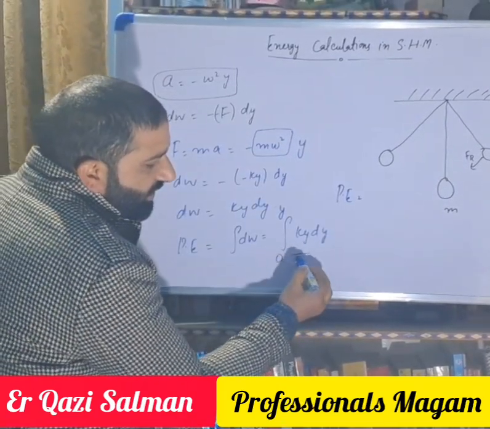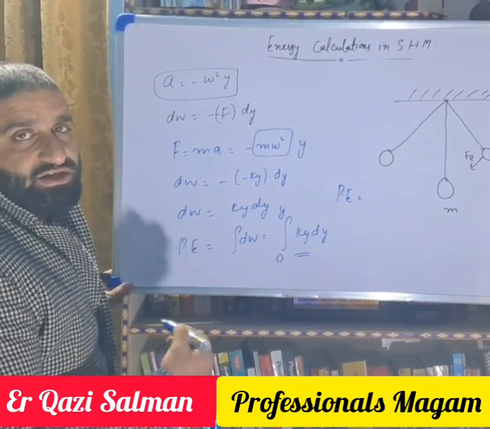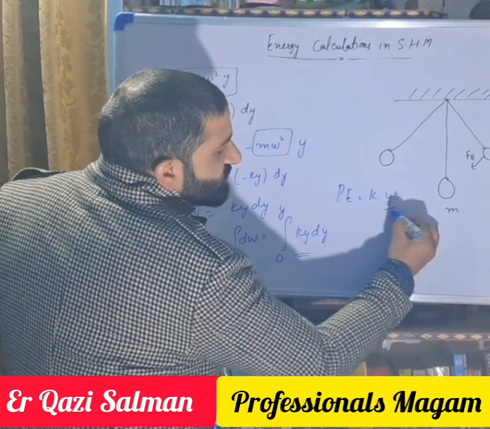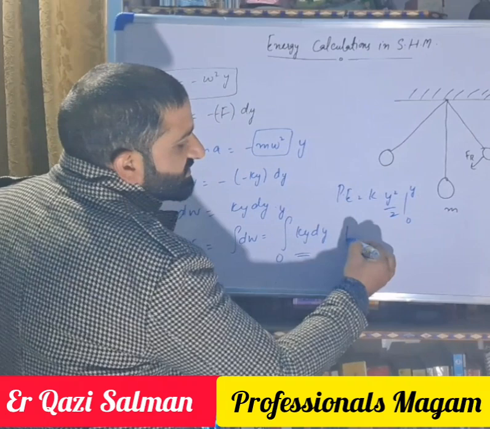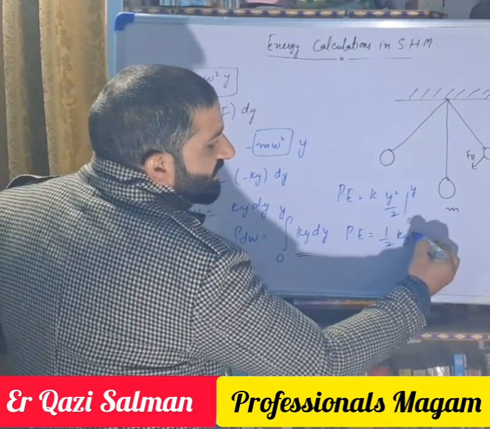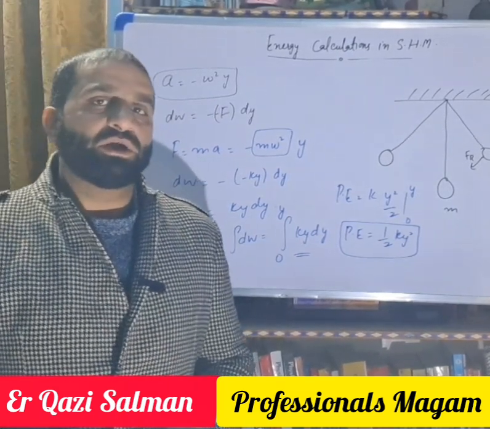Integrating this, k comes out as k is constant, and the integration of y is y square by 2, so it will be equal to k y square divided by 2 within the limits 0 and y. Putting the limits, the potential energy will be equal to 1 by 2 k y square. The equation of potential energy is then 1 by 2 k y square.